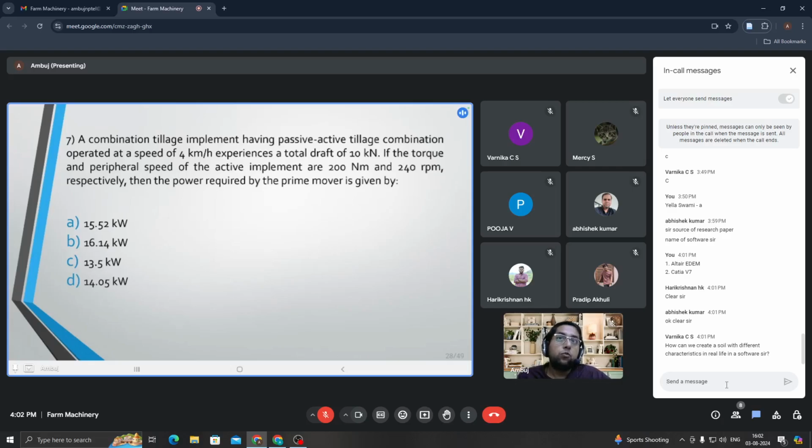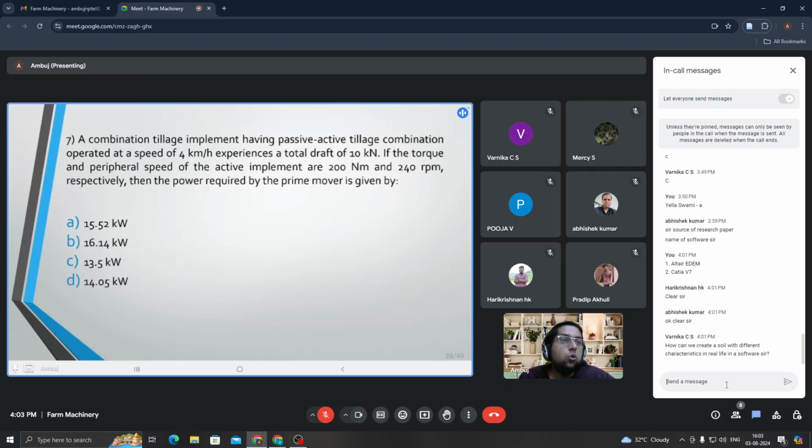What is the meaning of passive active tillage combination? A passive implement is that which only exerts draft. The tool is not powered, while in case of an active tillage implement, the actual cutting element would be powered. For example, a passive tillage implement is the cultivator, an active tillage implement is the rotavator.